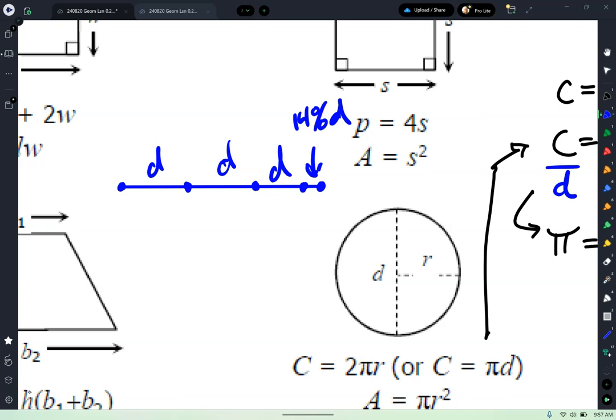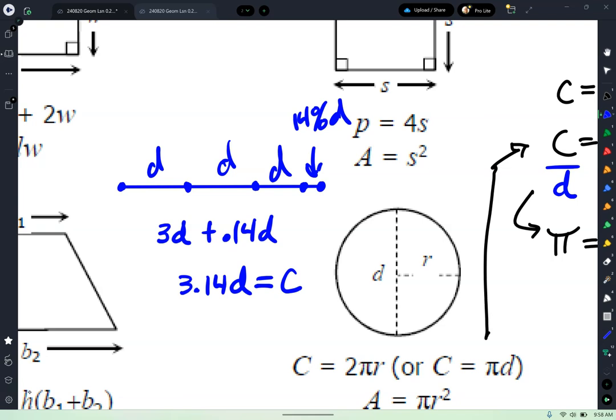So it's 3 D's plus 14% of a D, which is 3.14 D. And that is the circumference of the circle, right? That's what the belt is.